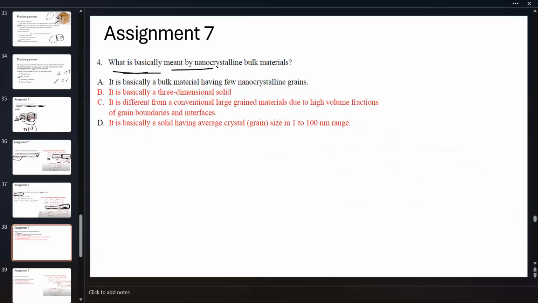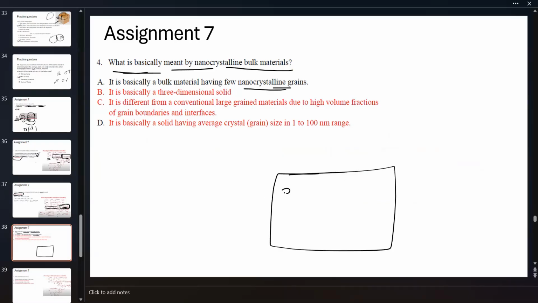What is basically meant by nano is bulk nanocrystal material. Is it bulk material having few nanocrystal grains? Not really. Almost all of the crystal sizes fall inside the nanometer range. The word few is the problem here.